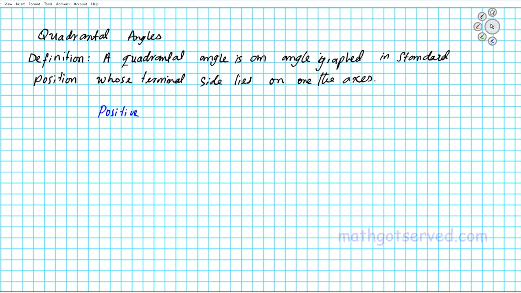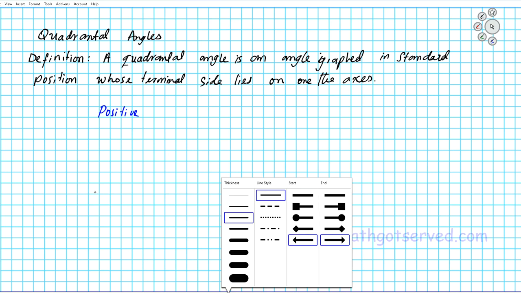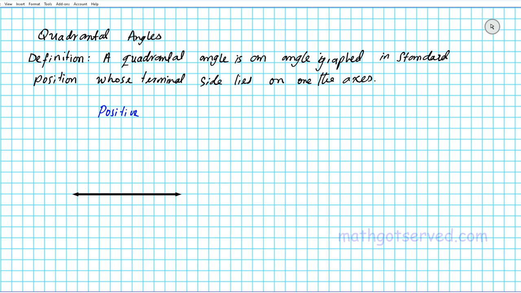Let's say that you have your coordinate system right here. We have the intersection of the x and y axes, and these rays starting from the origin form your quadrantal angle.